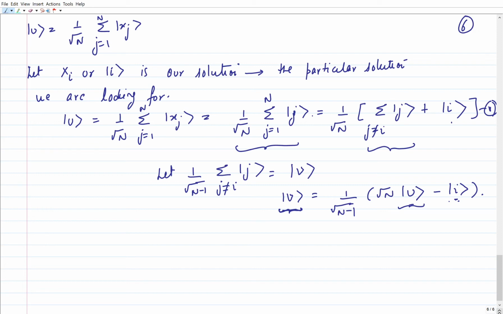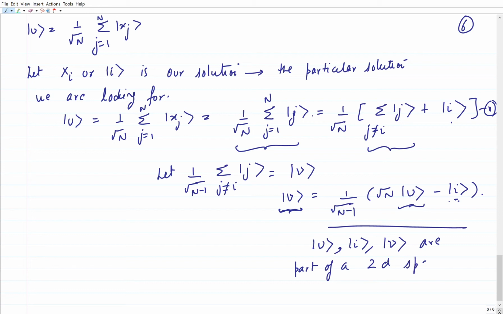So now you can see from this equation, this is just a linear combination. U, the superposition of all entries, I, the solution, and V, the complement of the solution, are part of a two-dimensional subspace of the entire vector space.